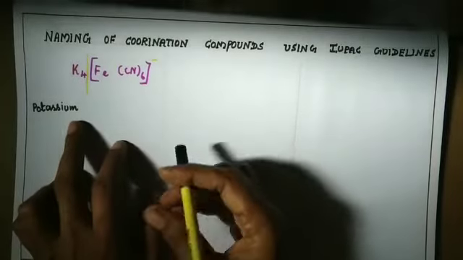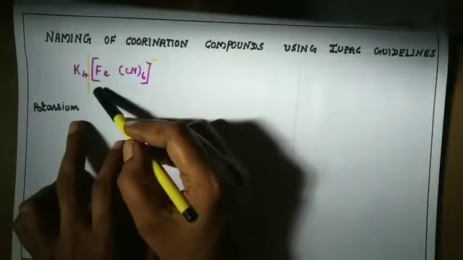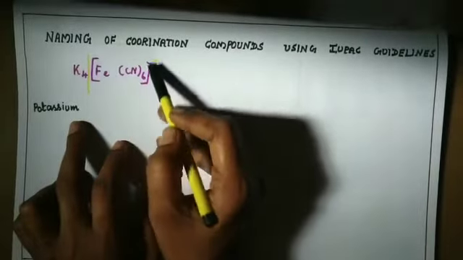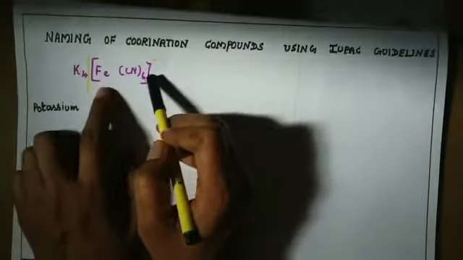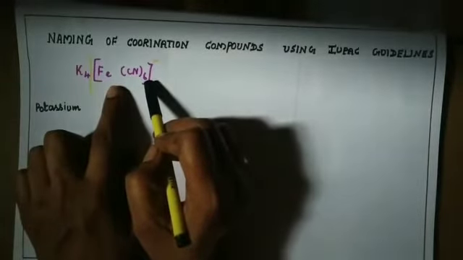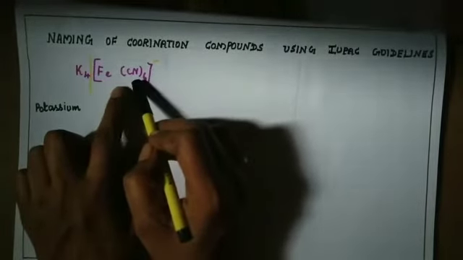Okay, next one is the complex ion, the complex anion. In the complex ion, first preference goes to the ligand. Here CN is the ligand, a negative ligand.